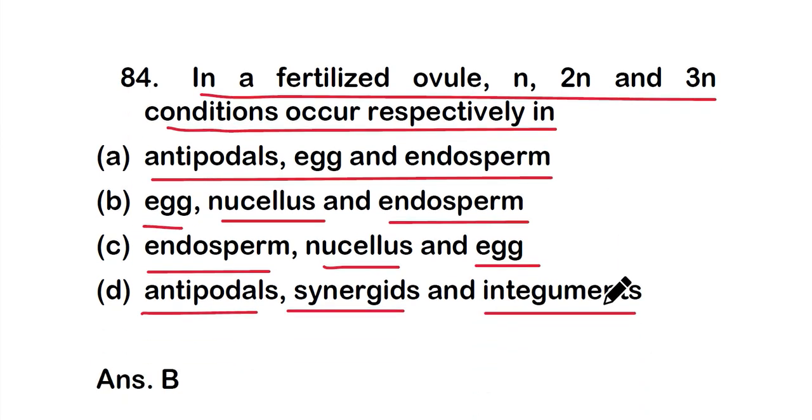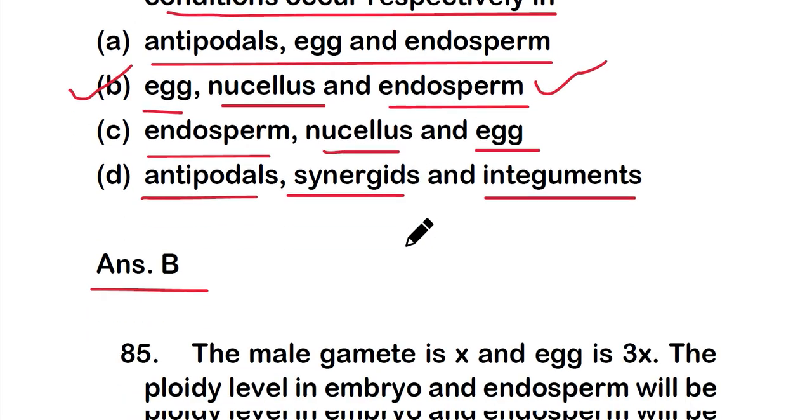So the right answer is option B, that is egg is n, nucleus is 2n, and endosperm is 3n. So this one is the right one about the fertilized ovule.